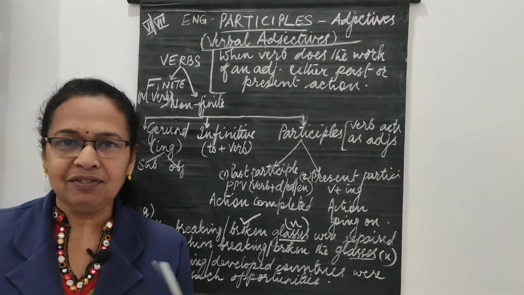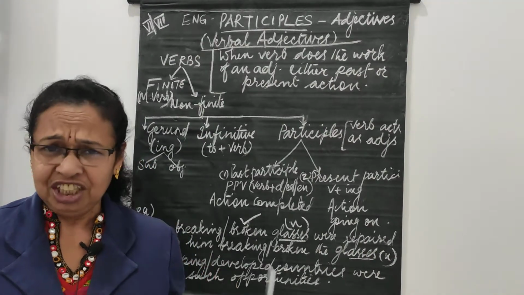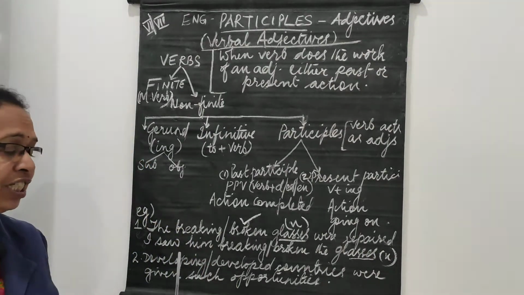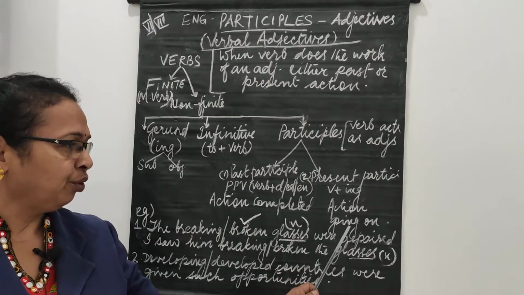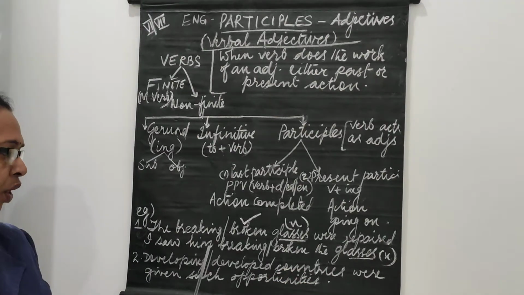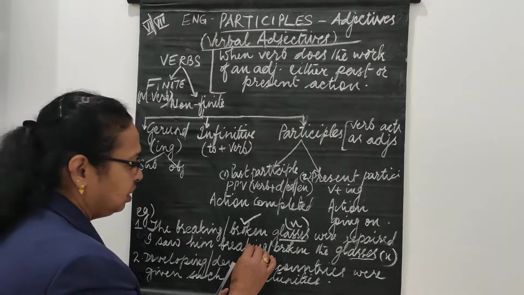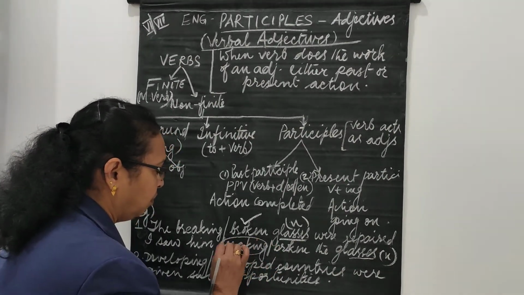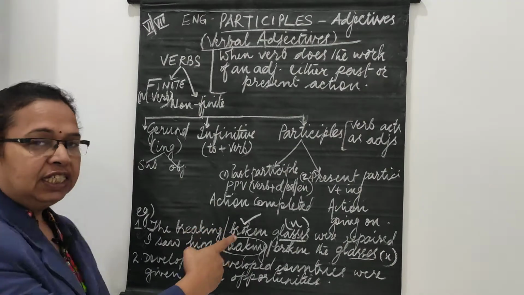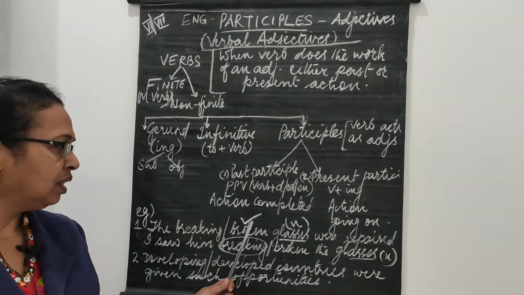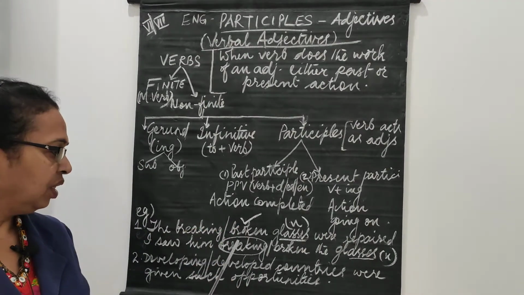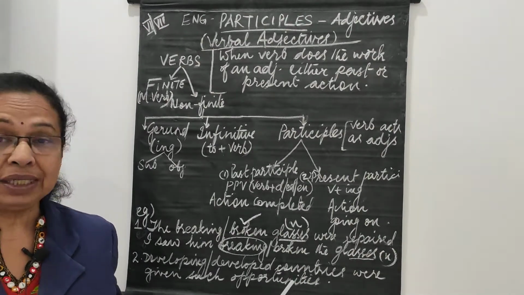The sentence itself sounds very weird, and you know now. So here the action is going on. I saw him breaking the glasses. So you see here it is breaking, whereas in the first sentence it was broken. So here this is used as a past participle, here it is used as a present participle.